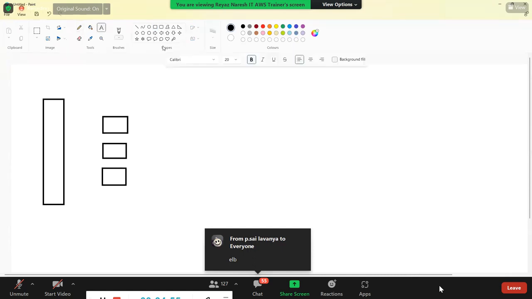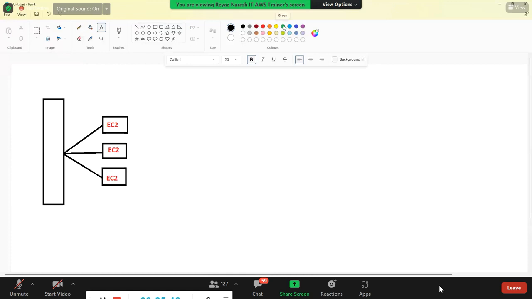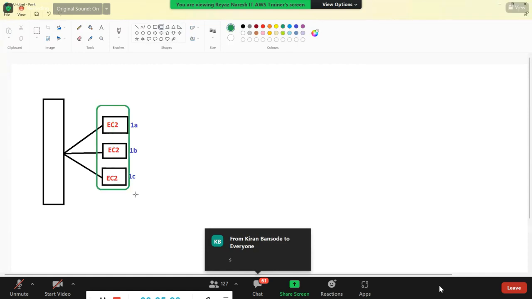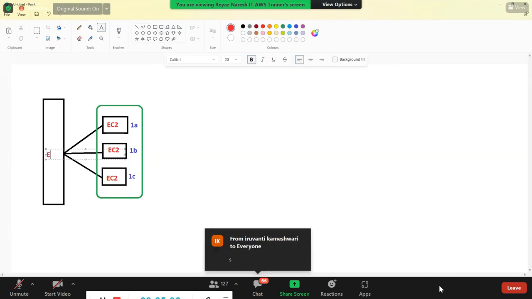These are EC2 instances, and this can be in 1A. Can I put this in 1B? Can I put this in 1C, in different availability zones? Can I have all these things in an auto scaling group? I can put whatever I want, it depends upon my requirement. And this is ELB.